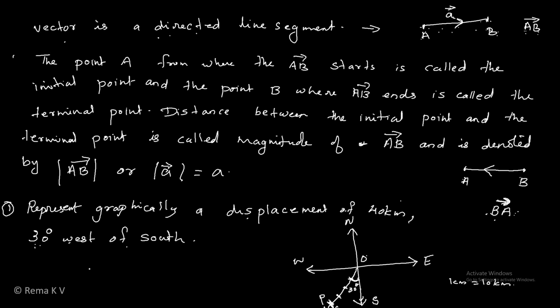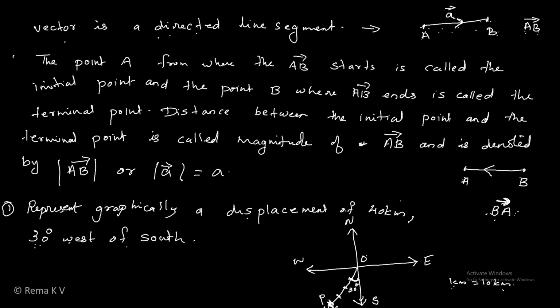30° west of south. You have to mark these points. Write the scale. One centimeter is equal to 10 kilometers. So 10 kilometer here, 20, 30, 40.